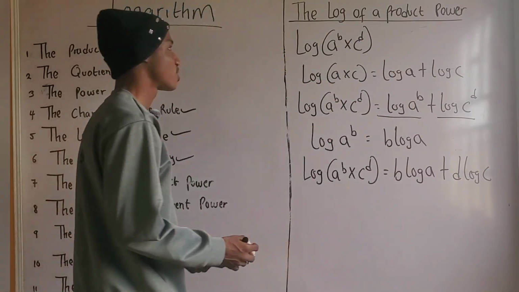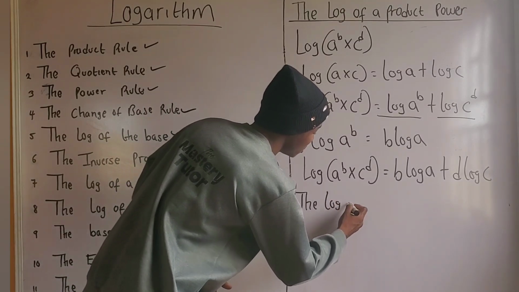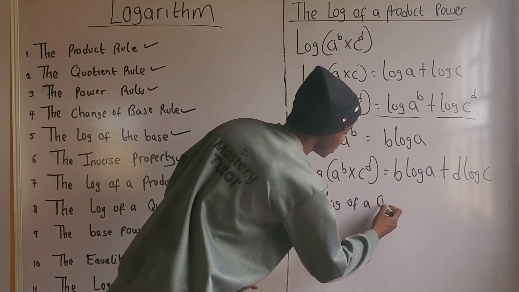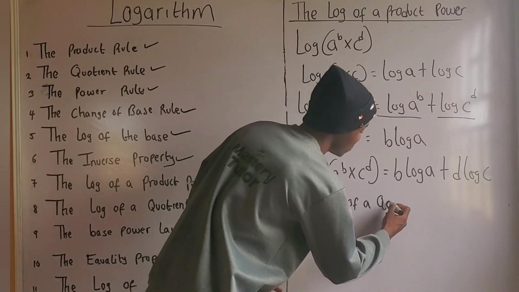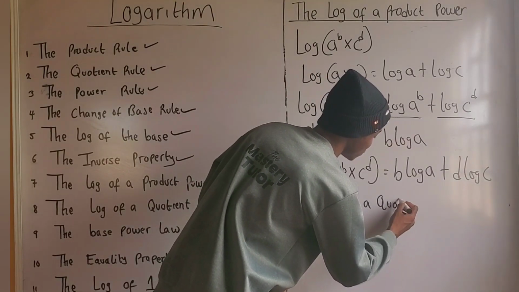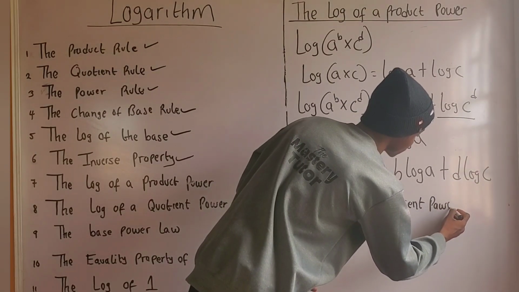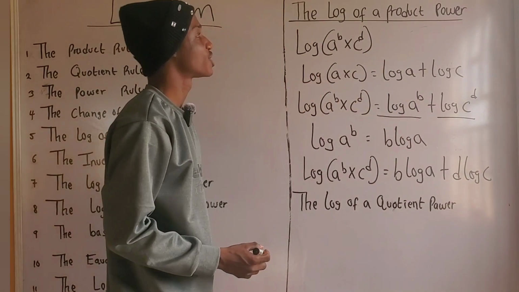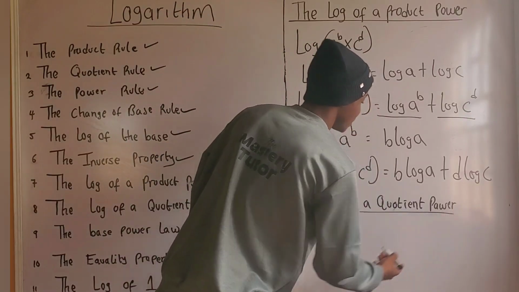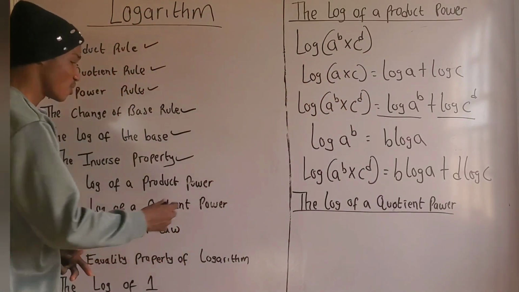Now, let's look at the next law, which is the log of a quotient power. That is the next law that we are going to look at, okay? Now, listen. Okay, we are done with this.